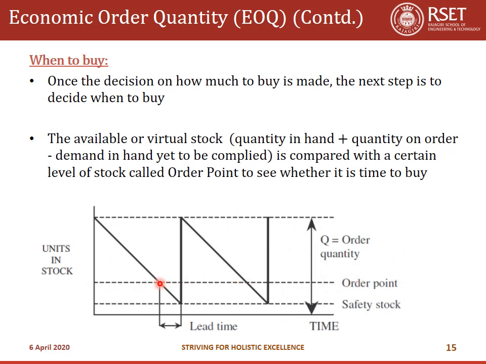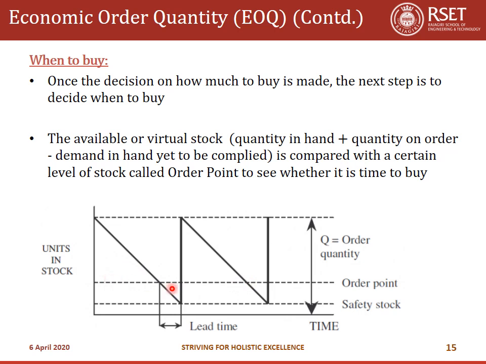The time taken for the material to reach is a little beyond this point. So by the time the material reaches, your units in stock are again going down, and by the time your units reach what is known as safety stock, then the order that you have given reaches you and suddenly your units go up, and again the same story repeats.